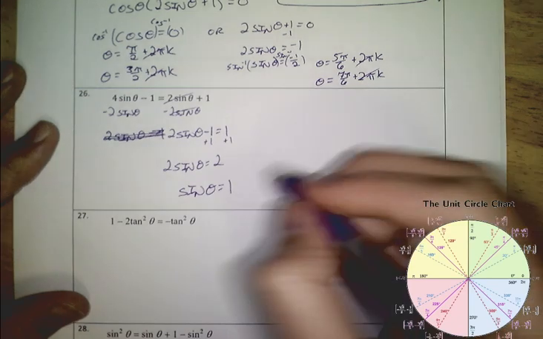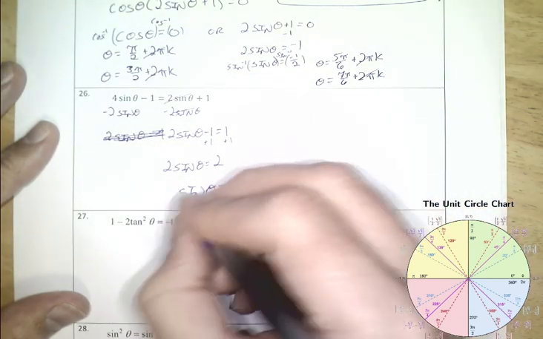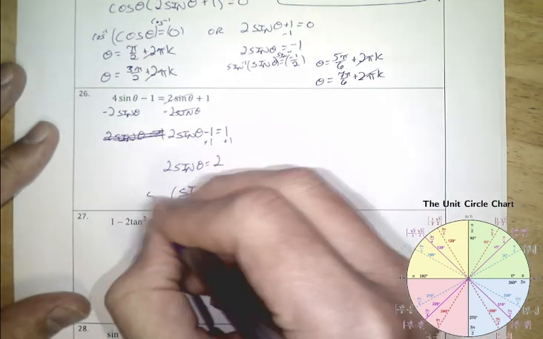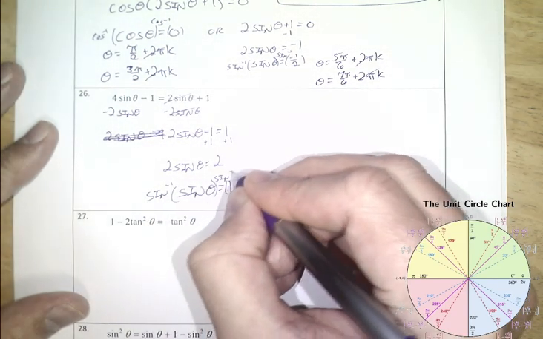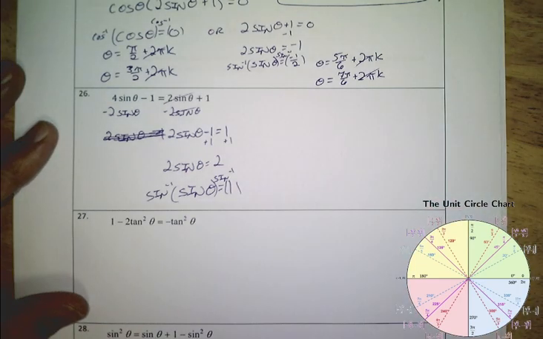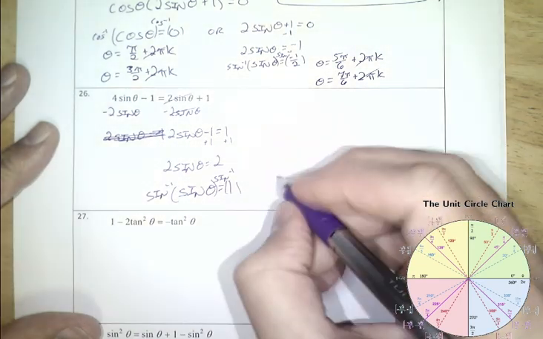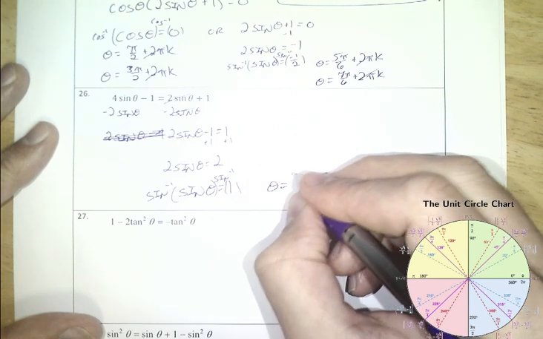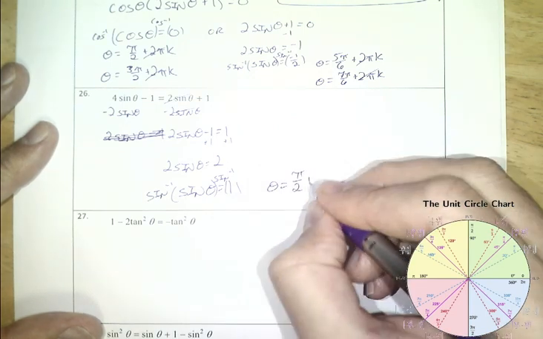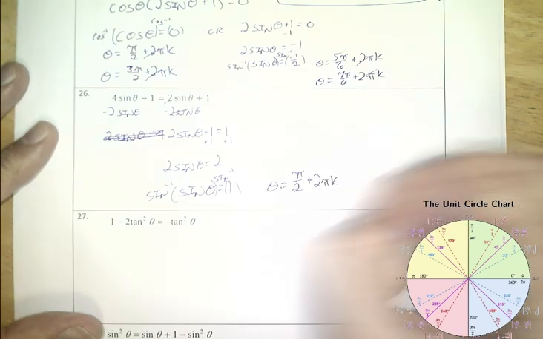And we'll take inverse sine of both sides, before I get ahead of myself. We look at our unit circle, and there's only one spot where that happens on the unit circle. So theta is equal to pi over 2 plus 2 pi k.